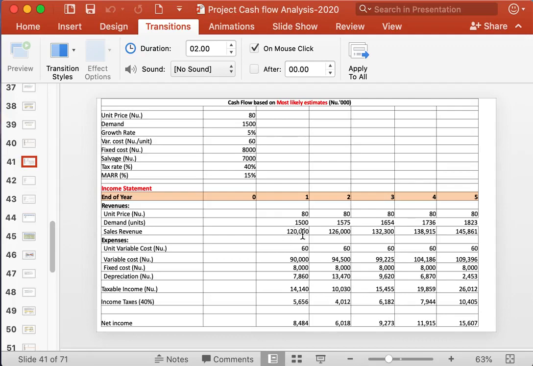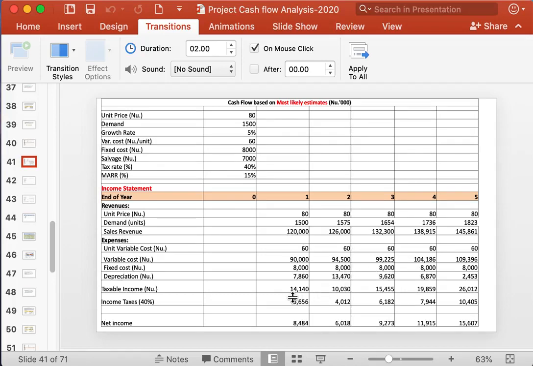So when you change this, then the sales revenue will also change accordingly, because sales revenue is the demand 1,500 into the decreased unit price, which is decreased by 5%. So all this sales revenue will change, while all other variables will remain constant.